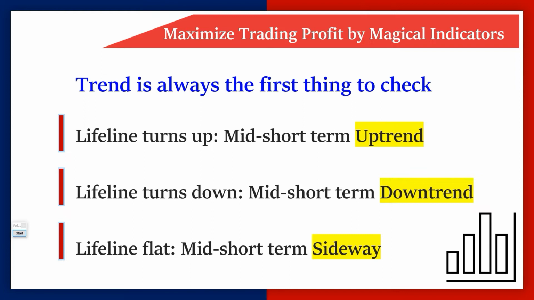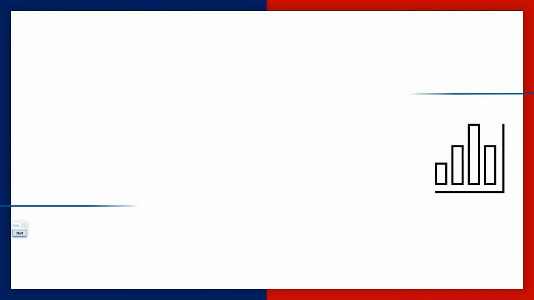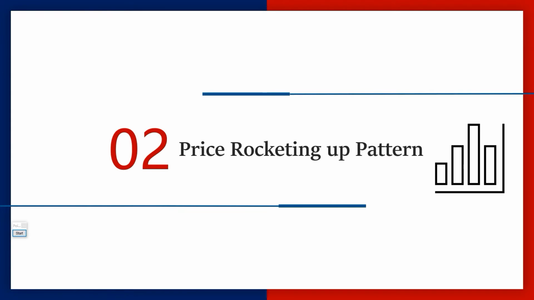If the lifeline turns down, the trend is bearish down, so no big chance to rise. And if the lifeline is flat, the trend is sideways, no big chance to make money. So we must check the trend first, and then how do you know the price will rocket up?